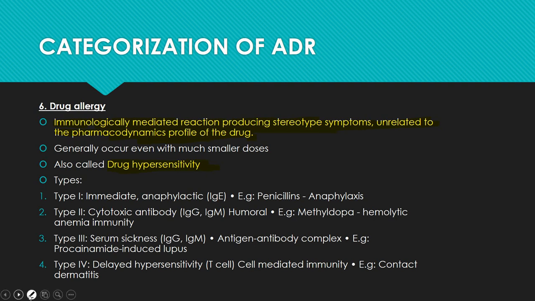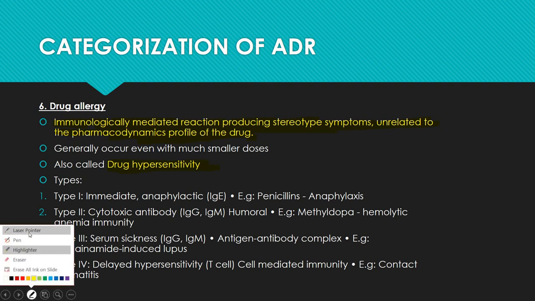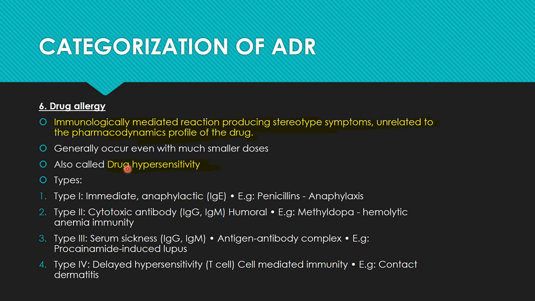So what do we understand by this? The first point is drugs and hypersensitivity. Next comes immunologically mediated reaction, means T cells, B cells, right? So there, stereotype symptoms are occurring.